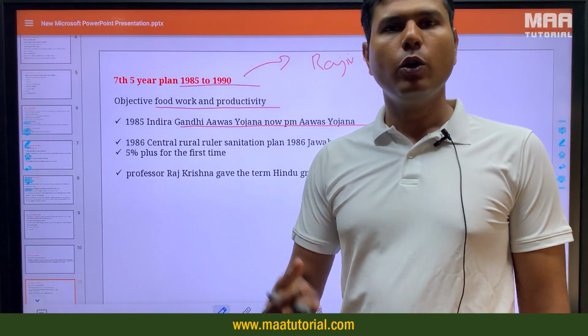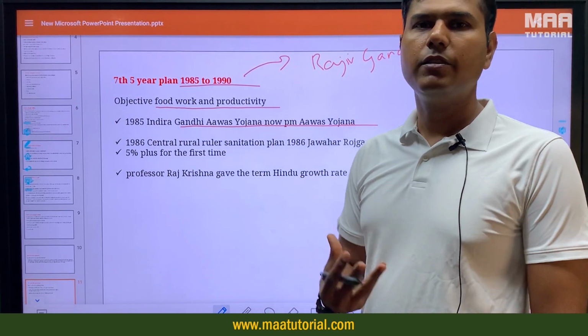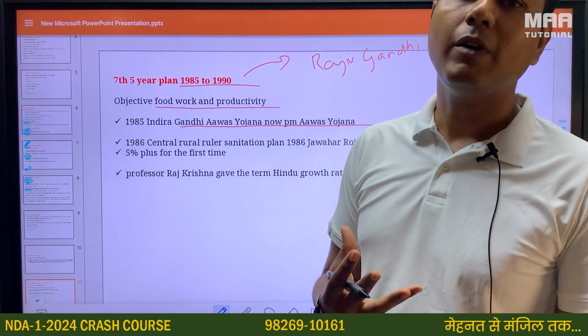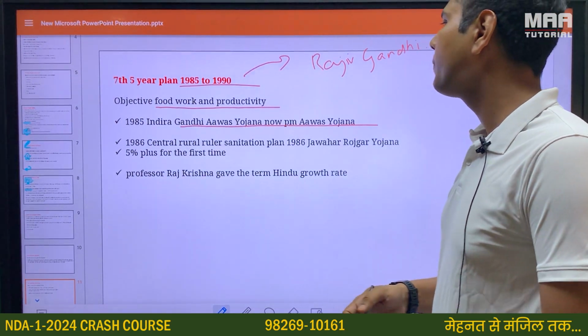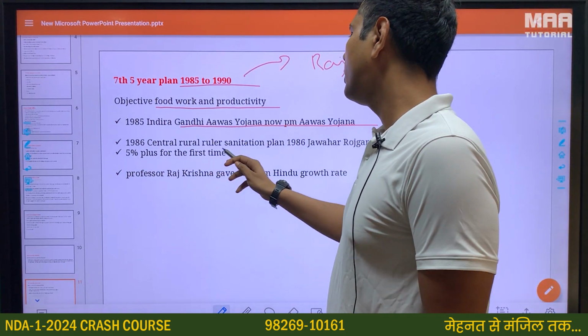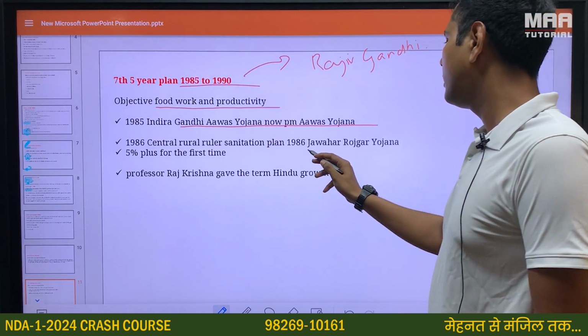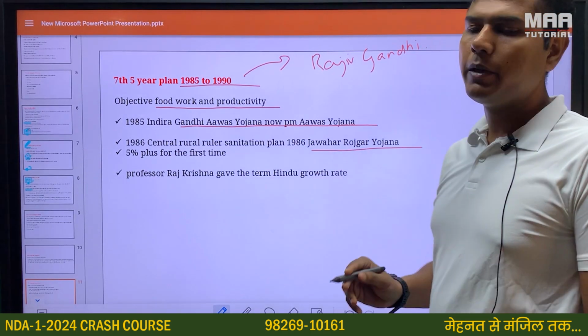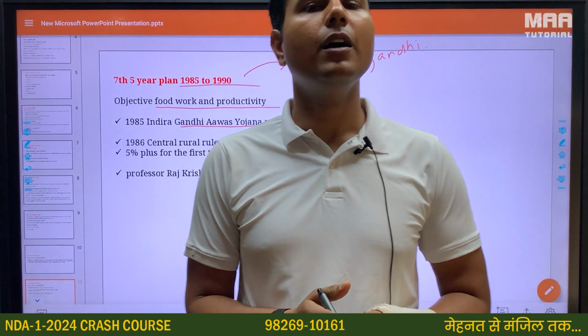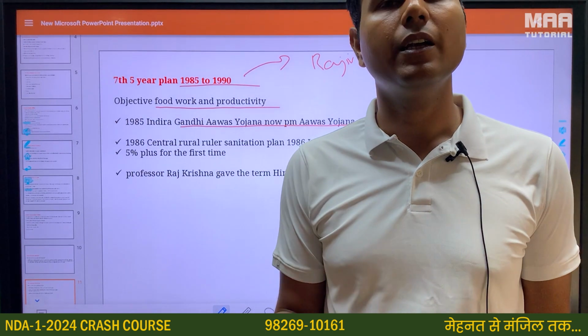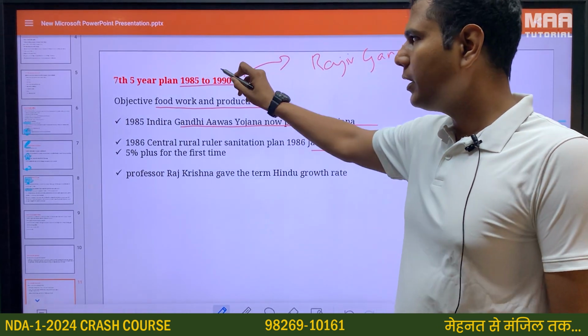Also, people would definitely get awas, that is residence, or housing facilities made available to them. In 1986 Central Rural Sanitation Plan was also implemented. In 1986 Jawahar Rojgar Yojana was implemented. So these are plans wherein a lot of employment is being created, introduced in this period, the seventh 5-year plan.